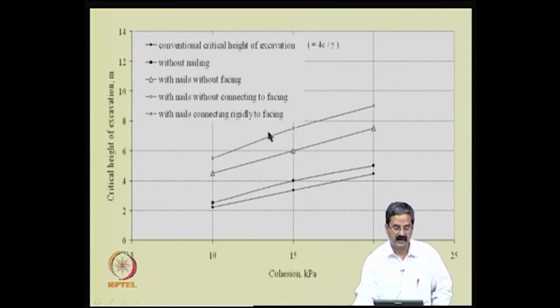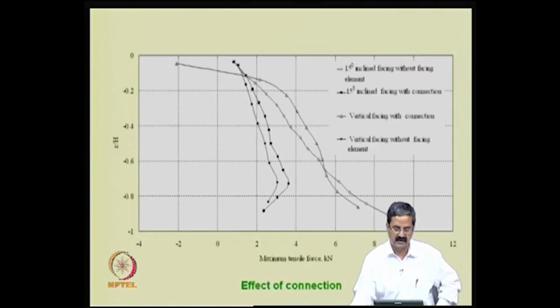This is again the same thing: if you do connections, what happens? When you do it with connections, what I just observed was that it will have a higher critical depth of excavation, which means that the forces are transferred a little to the facing. We have also seen that the failure surface shifts towards the facing, and the mass of soil that creates earth pressure is going to be less.